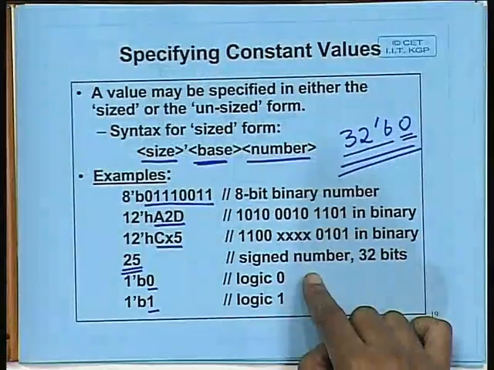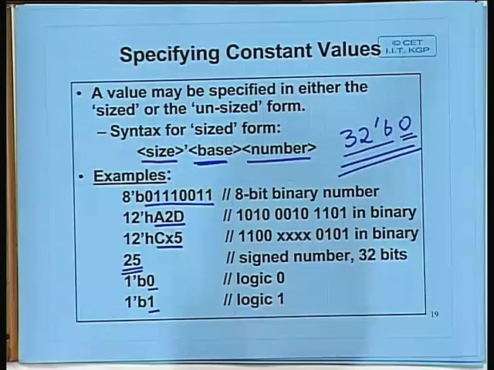So how to specify a value in unsized form? Signed or unsigned is up to your interpretation, because these are constant values you are assigning.